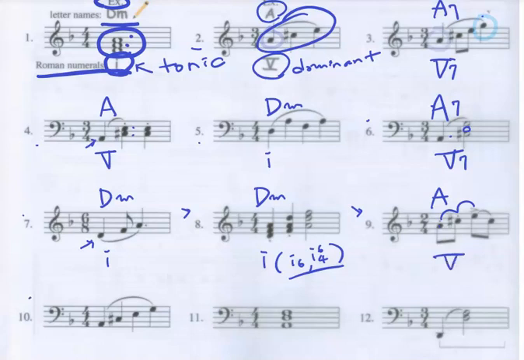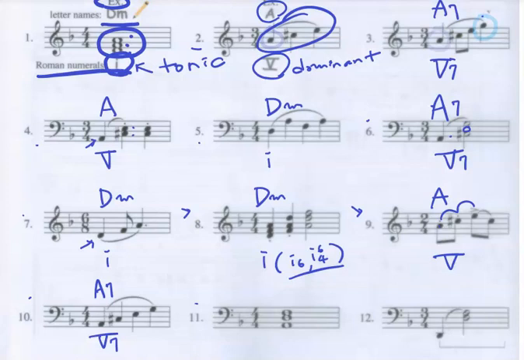Okay, let's move to number 10. This is in bass clef. First note is A. And let me play. We have 4 notes, A, C sharp, E, G. This is A7 chord or 5-7 chord, dominant 7 chord of D minor.